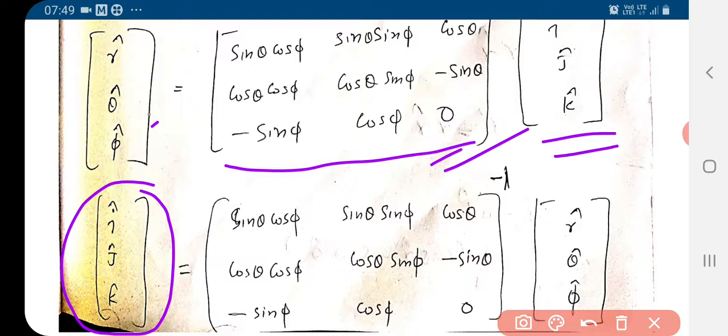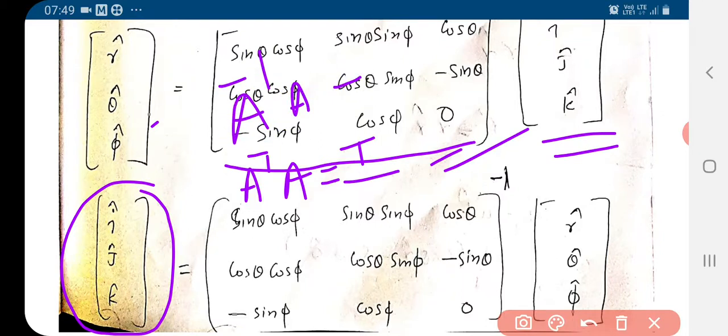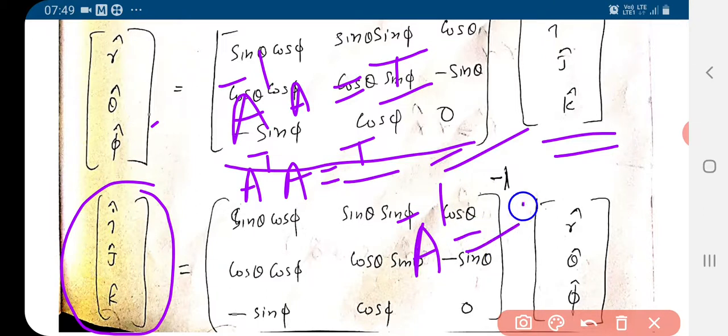Now, as in the case of the cylindrical coordinate system, the inverse of this matrix is simply the transpose, because A transpose A is I. You can verify: you take A transpose A, you will see it is the unit matrix. And since A inverse A is I, we can say A inverse is A transpose.